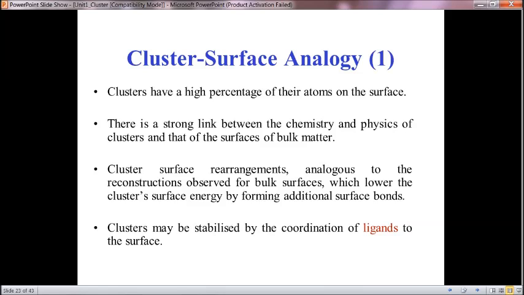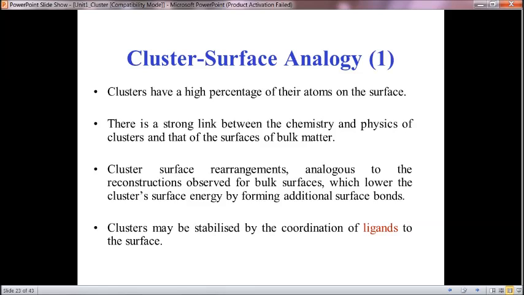So a higher number of atoms will be on the surface. There is a strong link between chemistry and physics of clusters and that of the surface of bulk matter. Cluster surface rearrangements are analogous to the reconstructions observed for bulk surfaces, which lower the cluster surface energy by forming additional surface bonds.